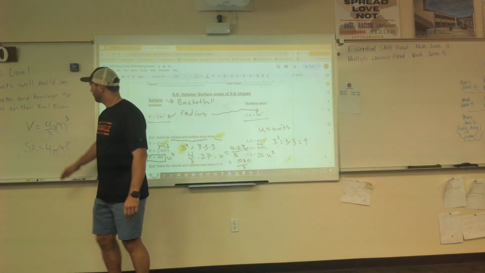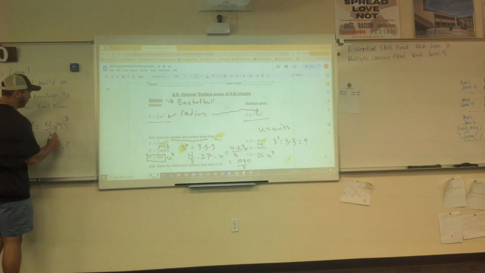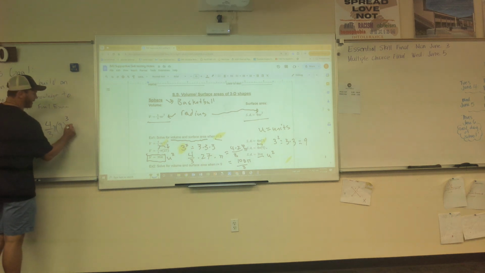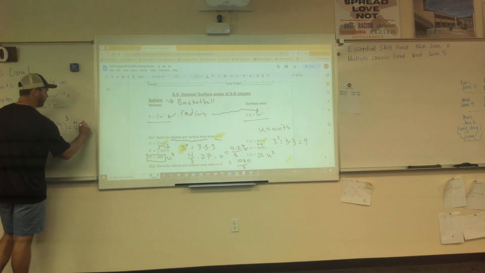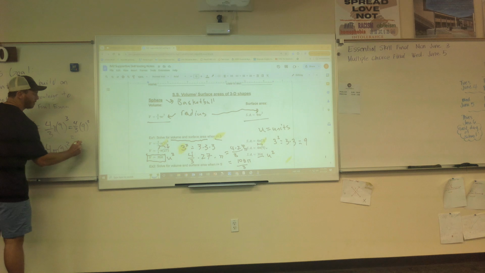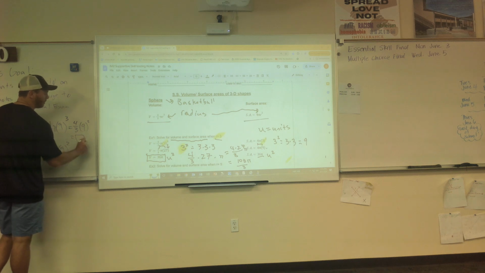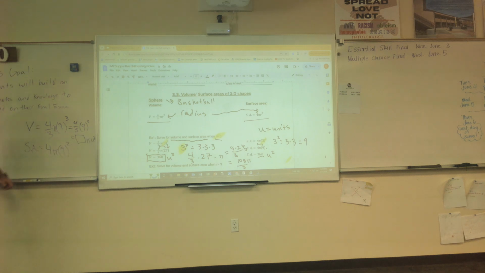Once you get this, a next step would just be to make it look like this in your calculator. Then at the end, whatever you get right there, throw on that pi, put in your units, and put it in the cubes, if we're talking about volume.